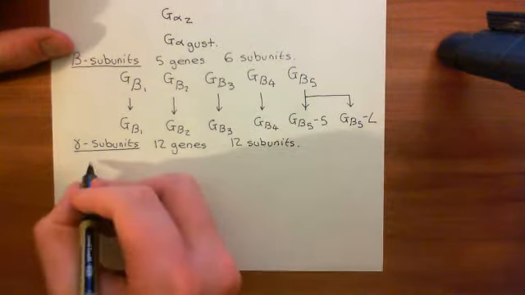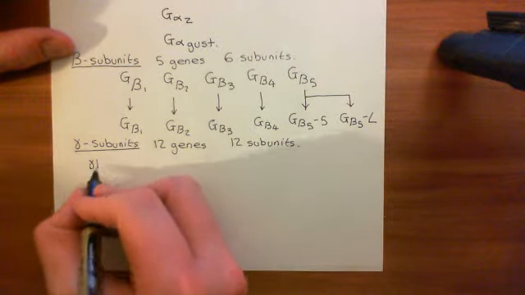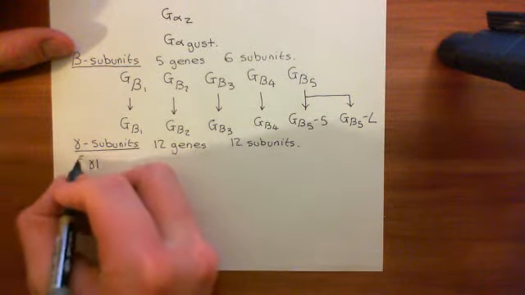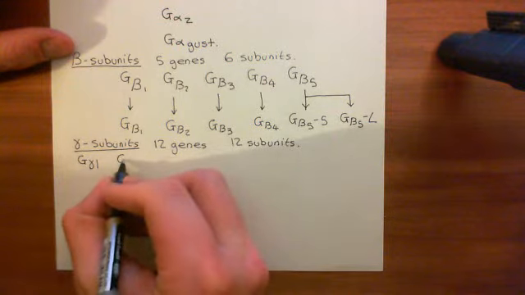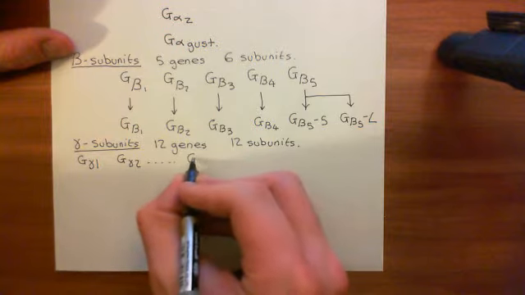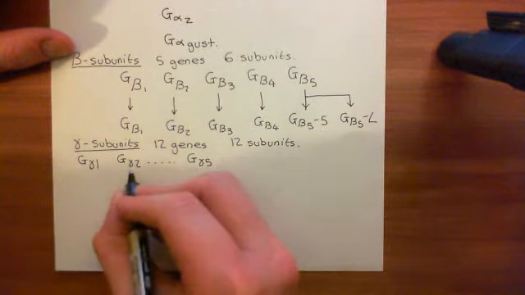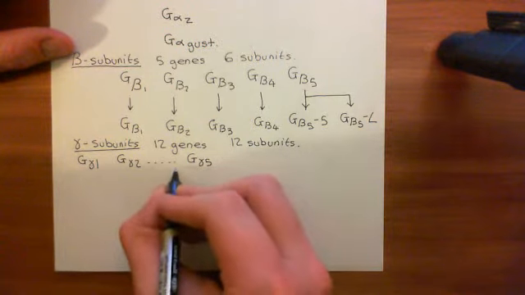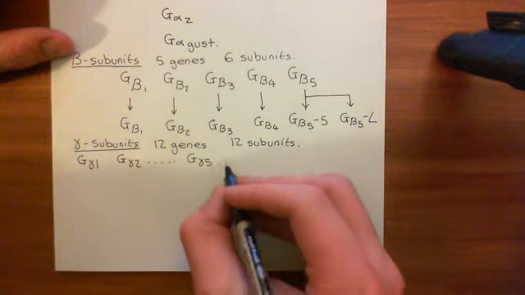So you have the G gamma 1 subunit, then you have G gamma 2, and then it goes on all the way up to G gamma 5. G gamma 1, G gamma 2, G gamma 3, G gamma 4, G gamma 5, and then there's a blip.